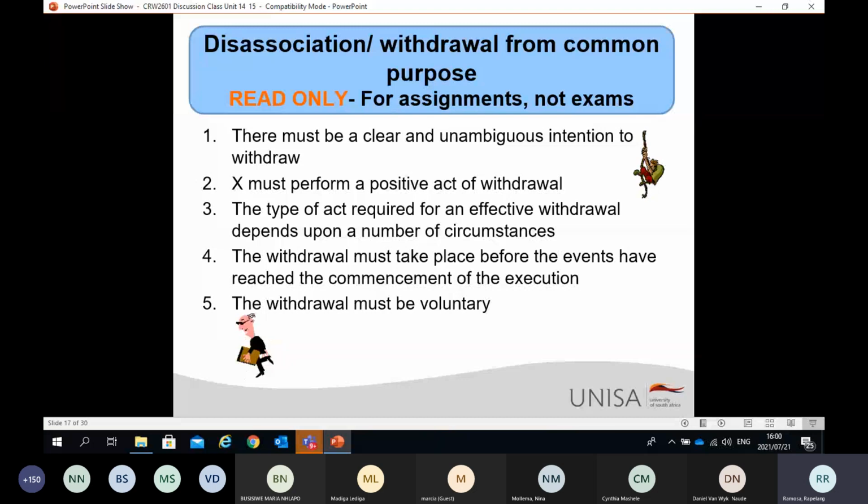The question is obviously one always of degree. But importantly, the other thing is that the withdrawal must be voluntary. It must not be a situation whereby you are seeing that, well, the chickens are coming home to roost and will be caught soon enough, and then you do something out of pressure. That would be too late, and the courts would not regard that as a voluntary withdrawal.